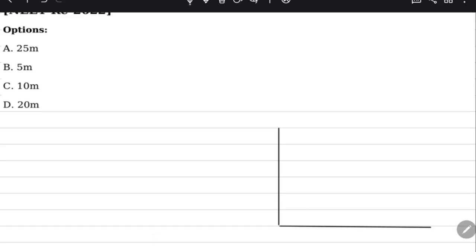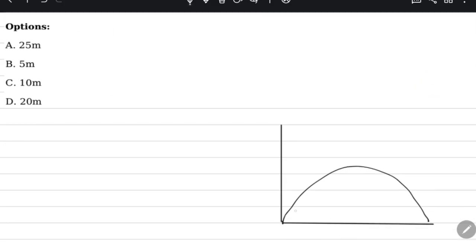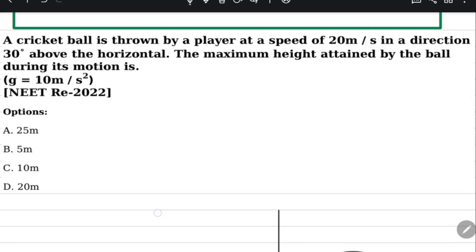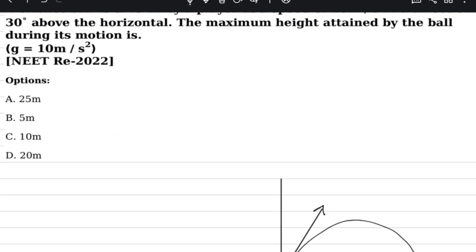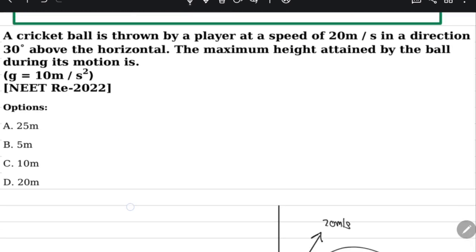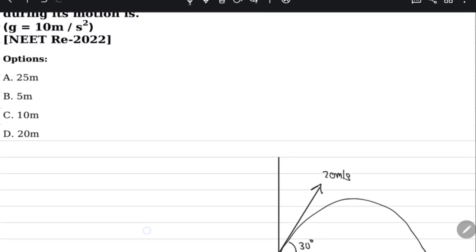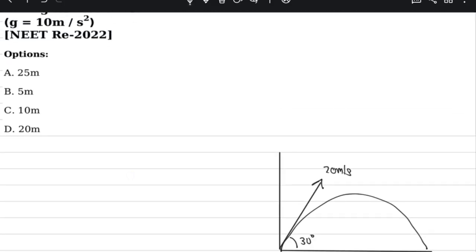A cricket player throws a ball 30 degree above the horizontal at a speed of 20 meter per second, right? So they are asking maximum height.